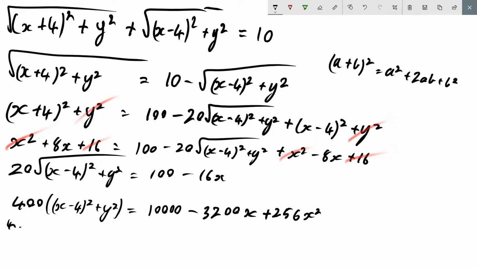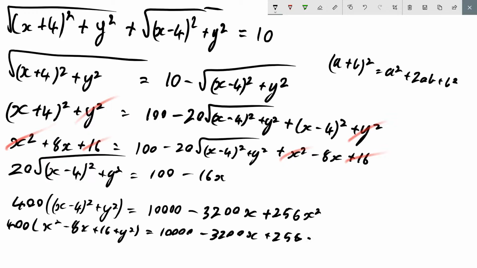So we get 400 lots of (x squared minus 8x plus 16 plus y squared), which equals 10,000 minus 3,200x plus 256x squared. I'm now going to expand the 400 into here.